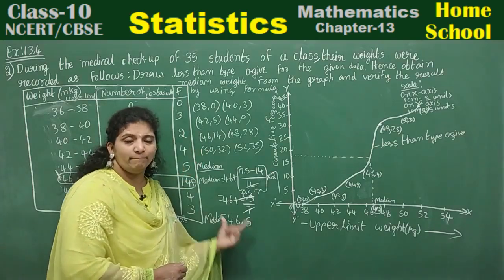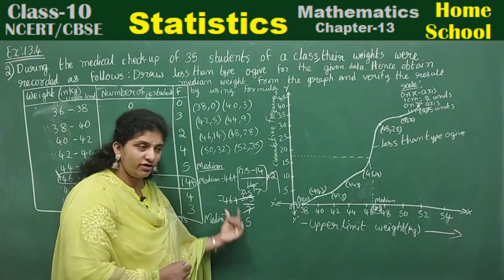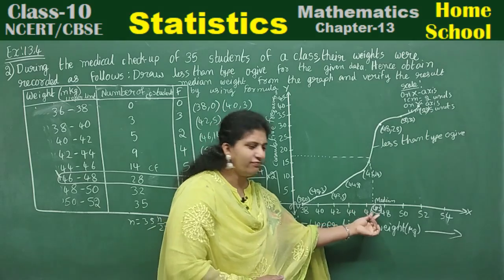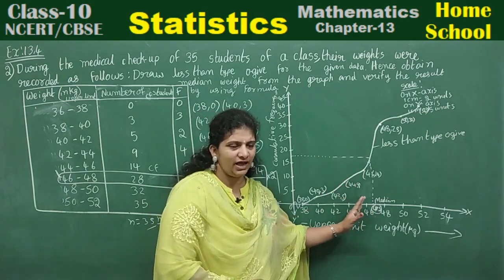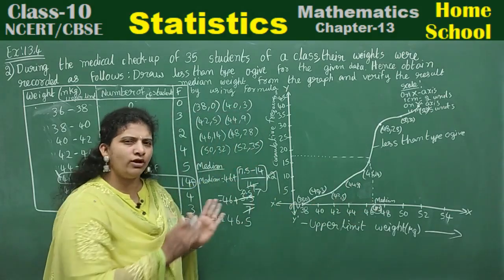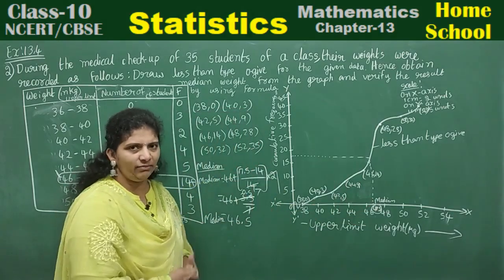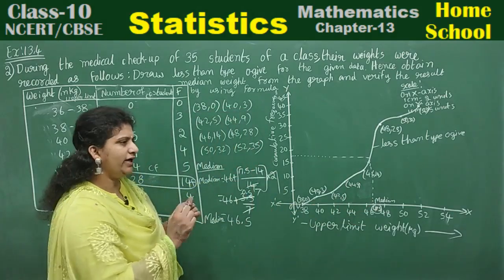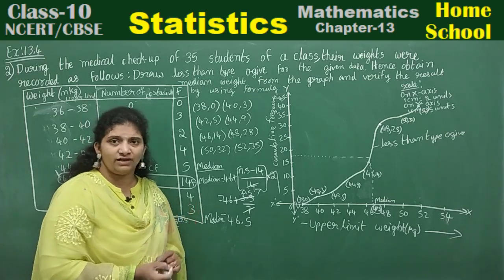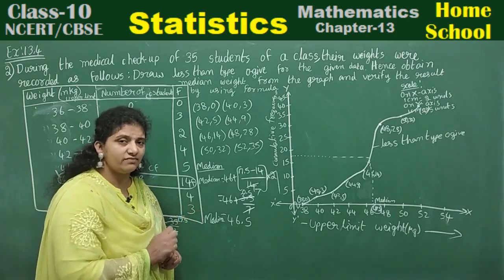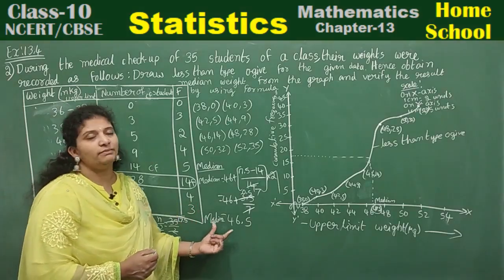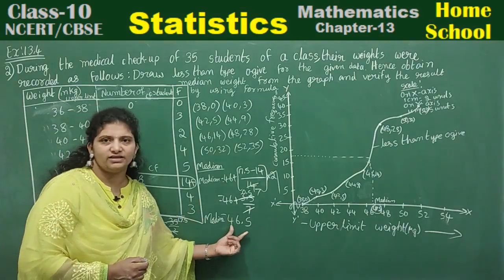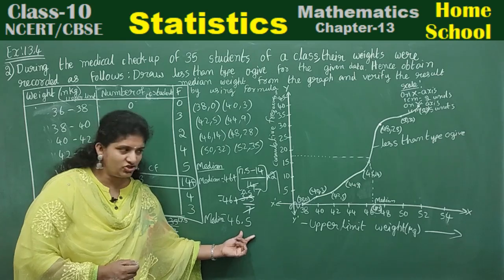So, median by formula I got 46.5 and by this rough figure I got 47.5. So, you do the original figure in the graph, both may be the same or a little approximate, they may differ, no problem. If there is a point difference, nothing will happen. Statistics values are always approximate. Therefore, the median weight of the children is 46.5 kgs.